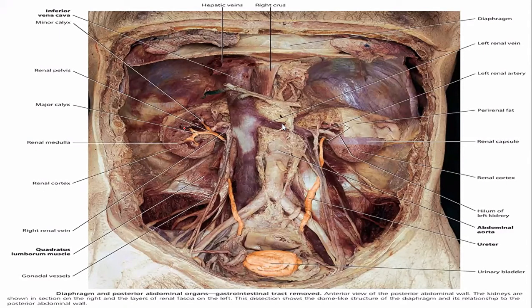But the juxtaglomerular nephrons, the glomerulus is usually here, near the border of the cortex and the medulla, but their loop of Henle goes much deeper, right?